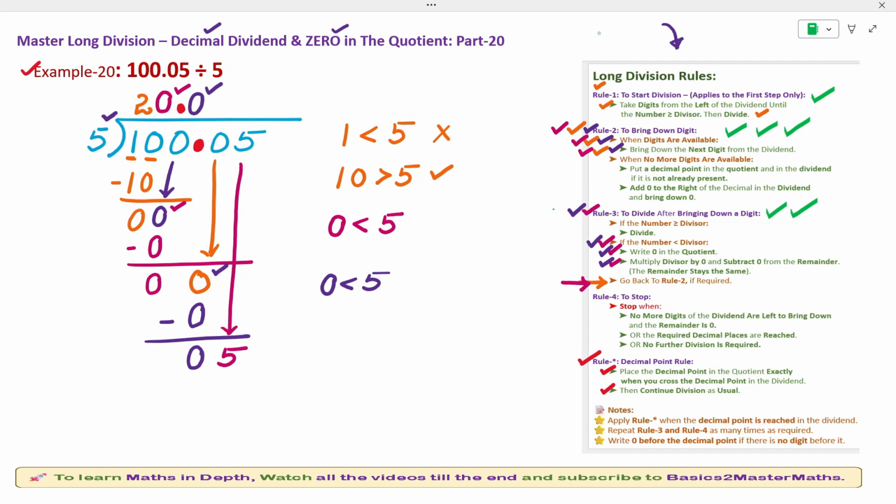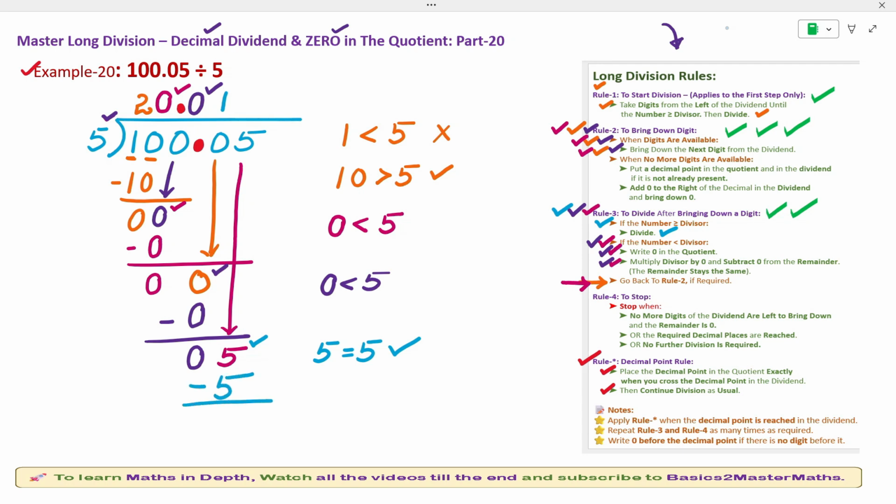Let us apply rule 3 again. Observe, now the number is 5, which is equal to the divisor 5. So, as per rule 3, if the number is greater than or equal to the divisor, then divide. 5 ones are 5.